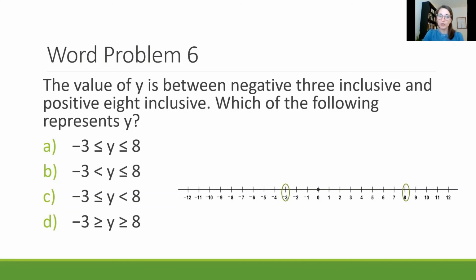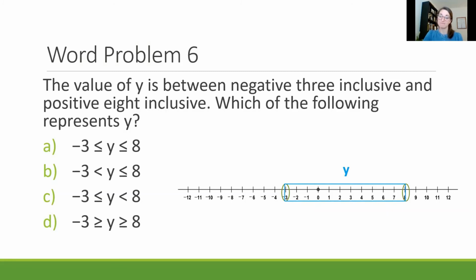So we know that the value of y is between -3, and it says inclusive, so it could even be -3, and +8, and it says inclusive again, which means it could also be +8.